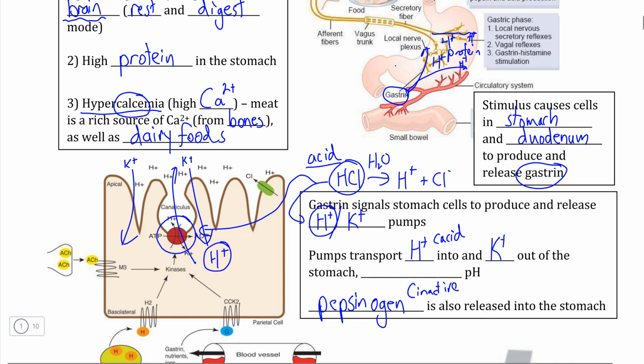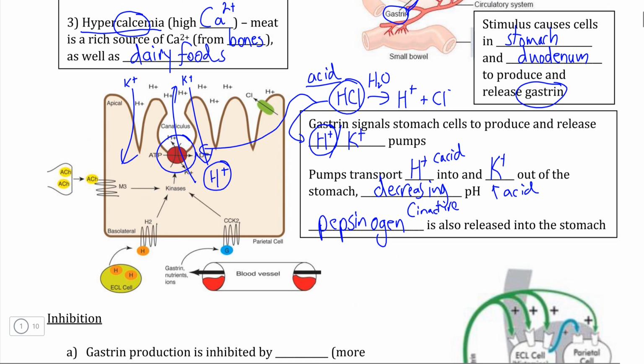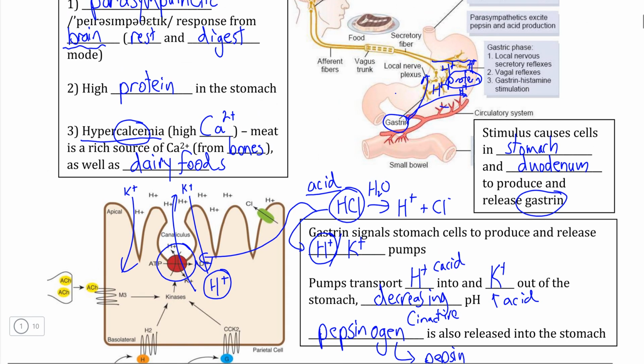The end result is the acidification of the stomach, which we would measure as a decrease in pH, meaning that a greater amount of acid is present in the stomach. This allows the protein in our food to be denatured, making it easier to break down, and therefore activating pepsinogen and turning it into the active form pepsin to allow this protein to be chemically digested.